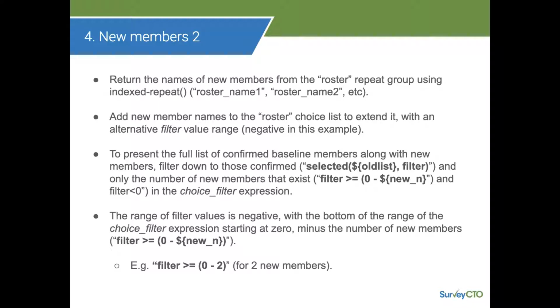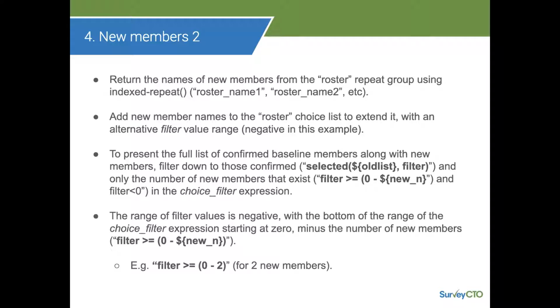So new members. Continuing to deal with new members of the household as before, with the preloaded baseline members, you must plan for the maximum number of possible new members inside the choice list. Also, to label the part of the combined choice list that deals with new members, you must store those member names in calculate fields.